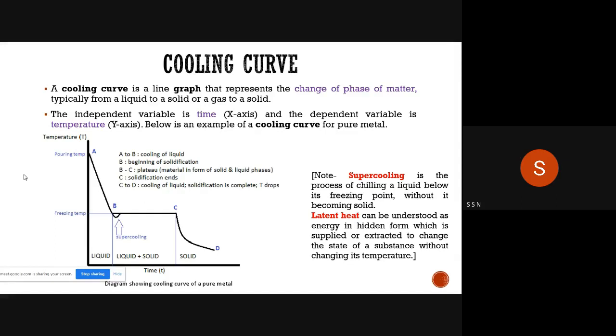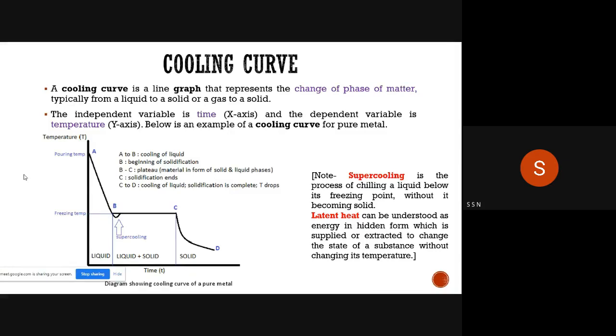From that pouring temperature, it will come to the freezing temperature because we are cooling. So at point B, it will freeze. Sometimes while cooling, the temperature of that molten metal will come certain below the freezing point, that is called as a supercooling. That much deeper we are not going for these cooling curves, and these cooling curves are very much necessary while drawing the phase diagram.